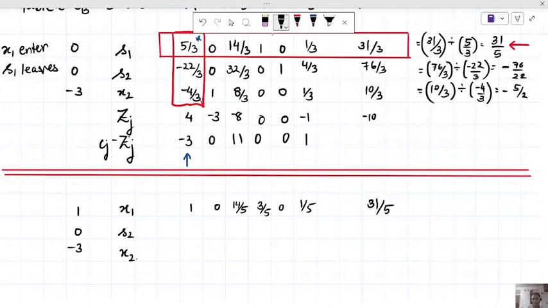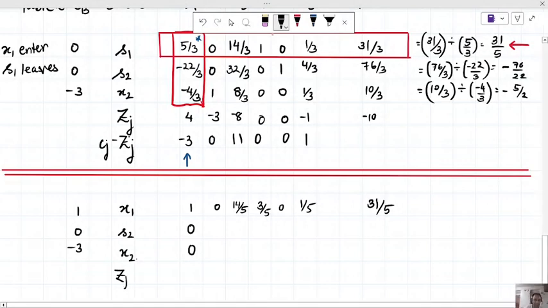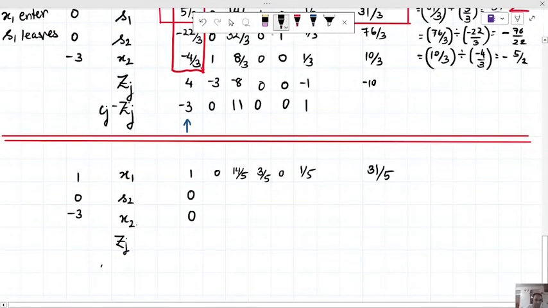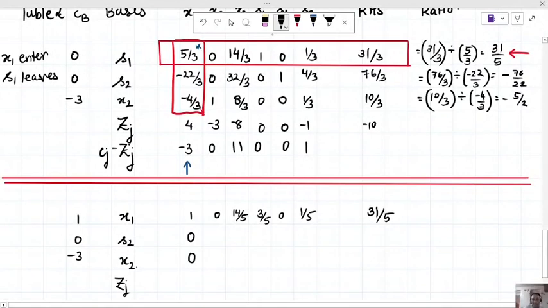And now here what happens, in the key column you make all other remaining elements 0, okay, and the key element becomes 1. This is what you have to do. So this is Zj below and Cj below, Cj minus Zj that you calculate. So Cj minus Zj we can calculate, some values are very immediate.